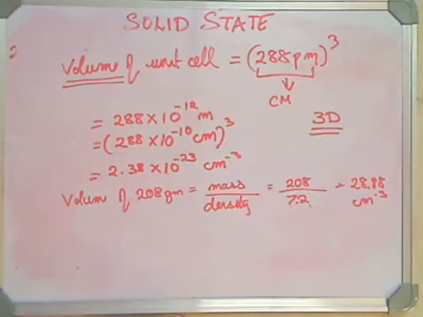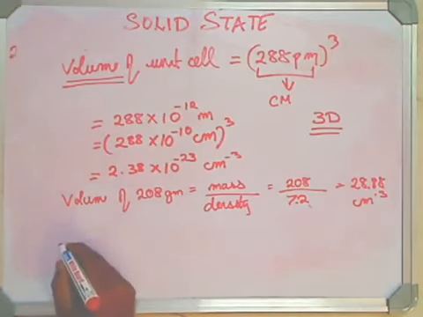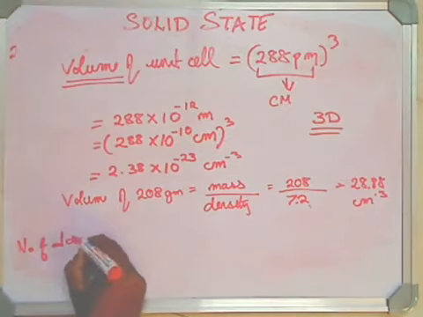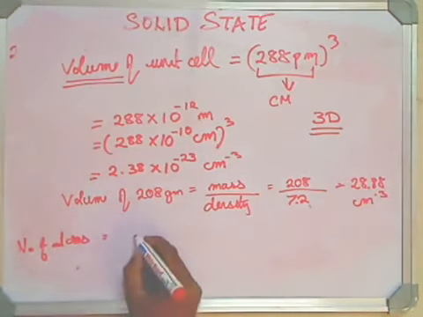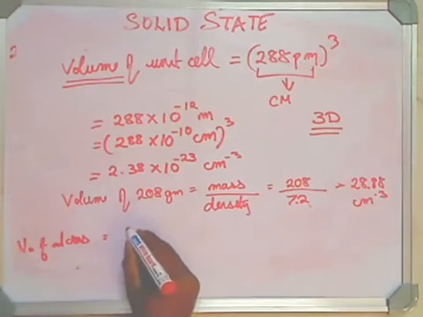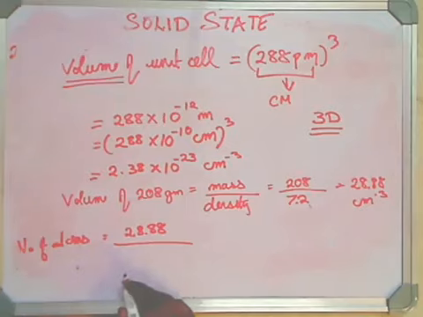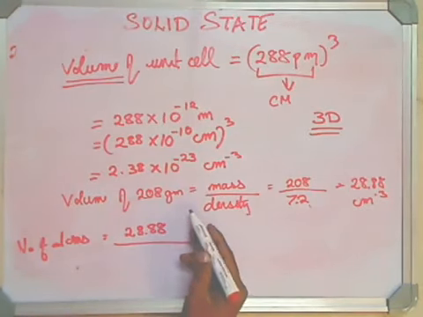Now we need to find the number of atoms present in 208 grams of this. Okay, so how do you go about doing that? So to find the number of atoms, you consider the volume of 208 grams, the value which we arrived at as 28.88, divided by the volume of every unit cell.